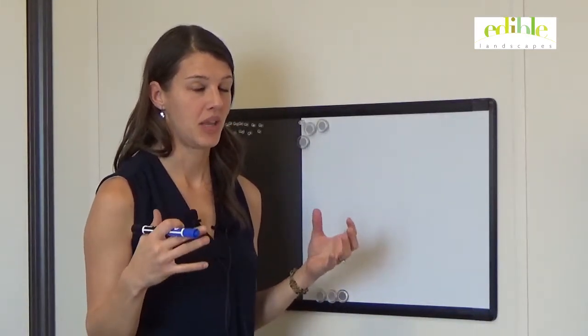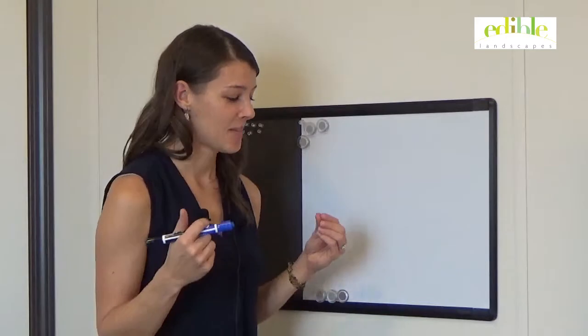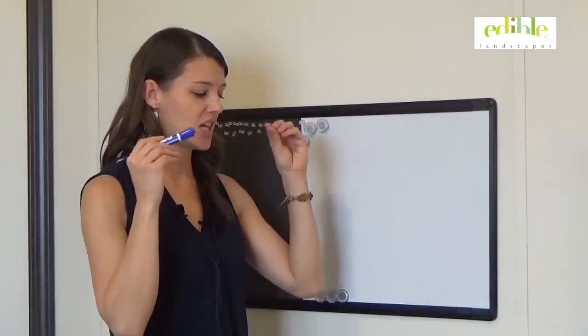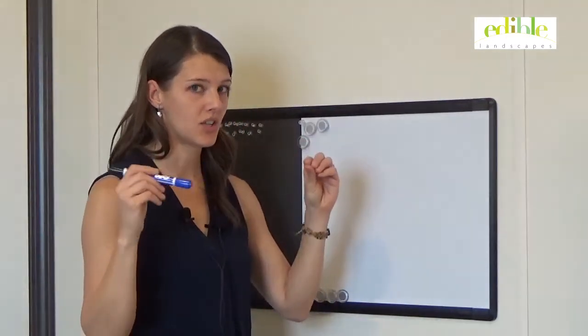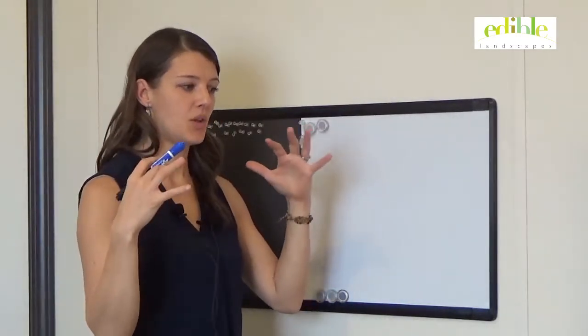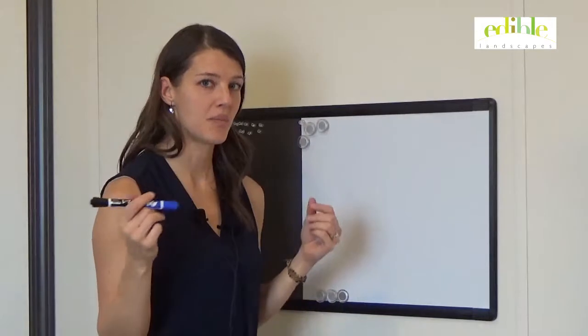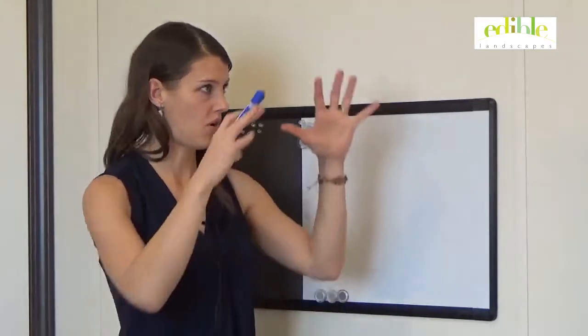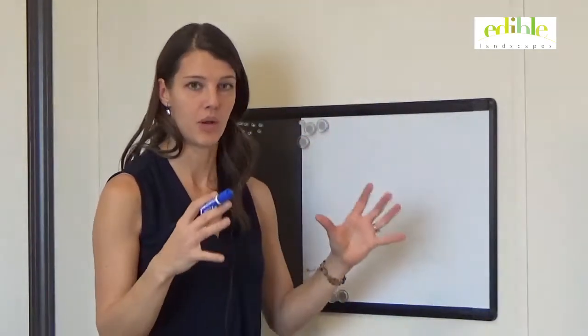This is key. I'm going to repeat it just for emphasis sake. So we want to find the highest, longest contour line on the property and find that location to hold water so that we can make use of that water all the way downhill from that one position.